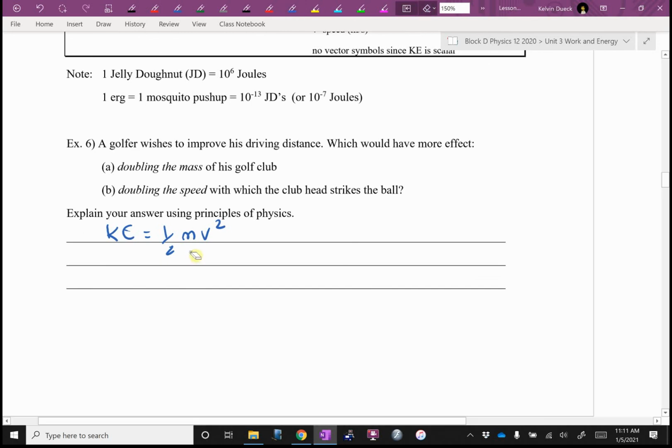If I double the mass, this gets twice as big. As a lefty, I have a really hard time doing a good capital E. Sorry, it's messy. But, don't write this down. If I double the V, how much bigger is it? Because of that squared.